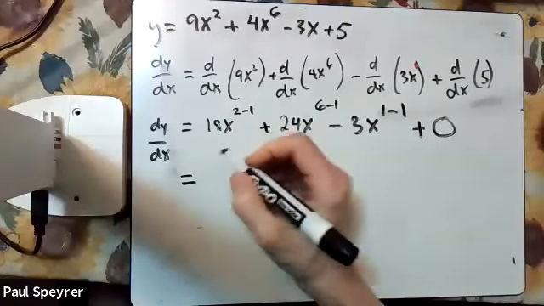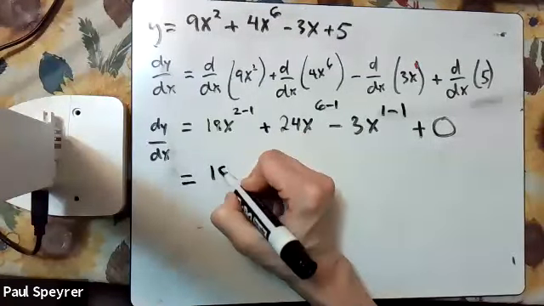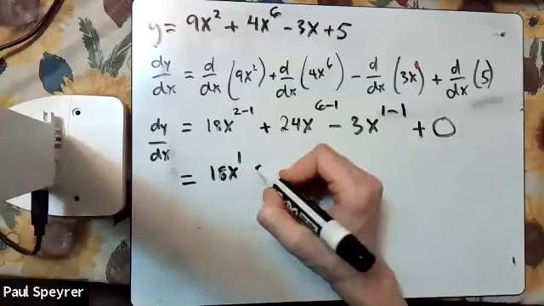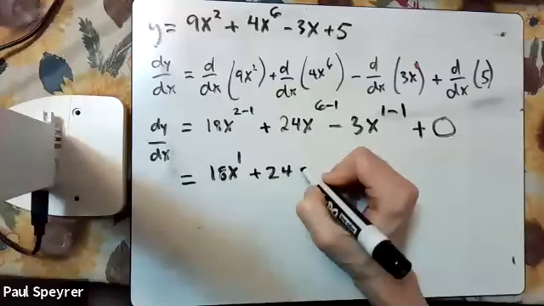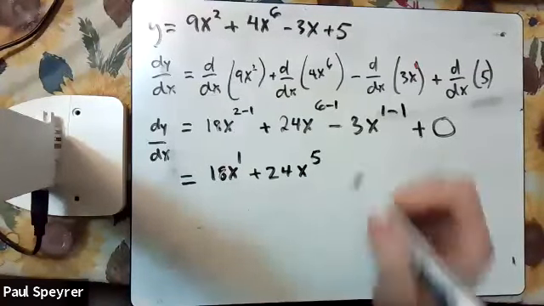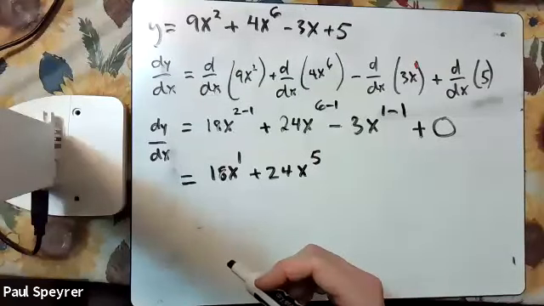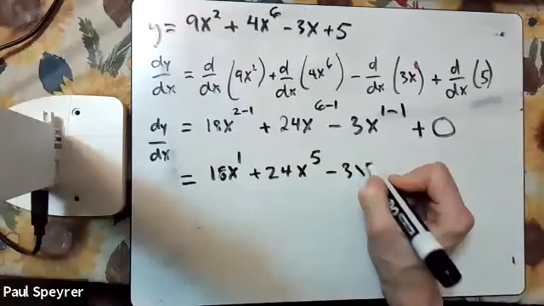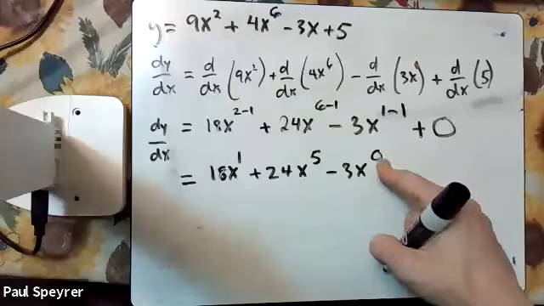If we continue simplifying, we get 8x to the first. You don't have to put the 1, you could just put 8x. This is 24x to the fifth. This is minus 3x to the 0th power.